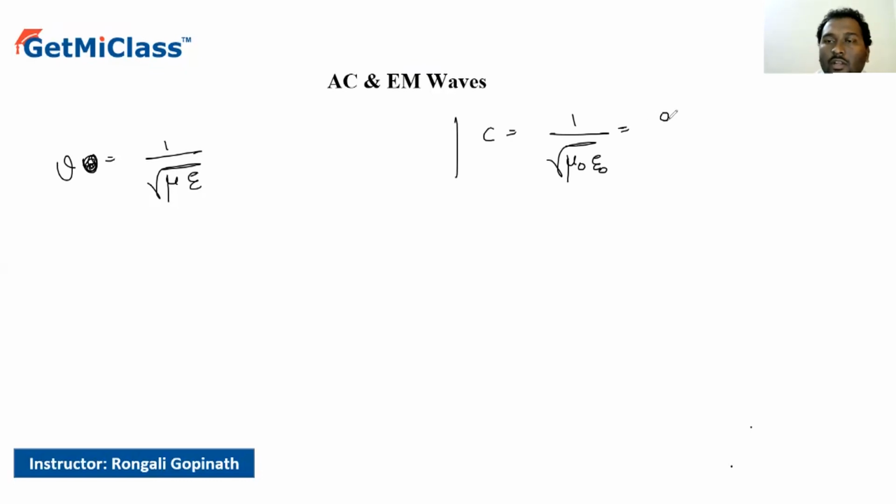When you substitute the values, you will get it as 3 into 10 power 8 meter per second. Because C is nothing but speed of electromagnetic wave, and this electromagnetic wave is definitely influenced by the electric and magnetic properties of that particular medium, which are determined by permeability and permittivity of that medium. Isn't it?